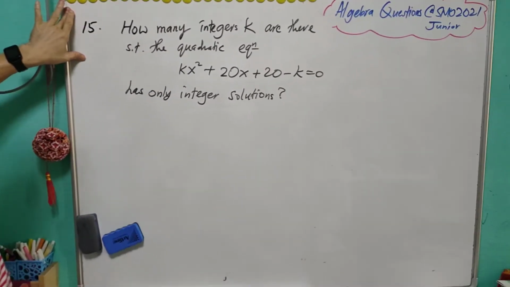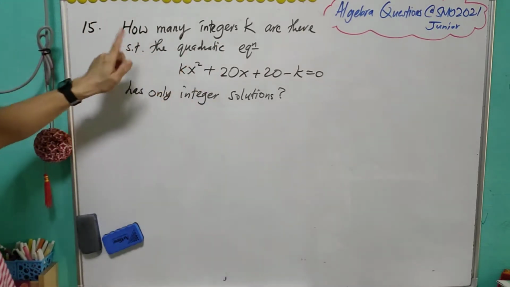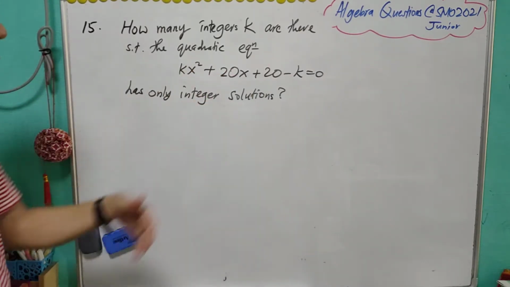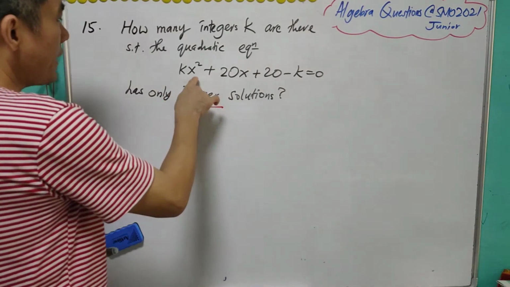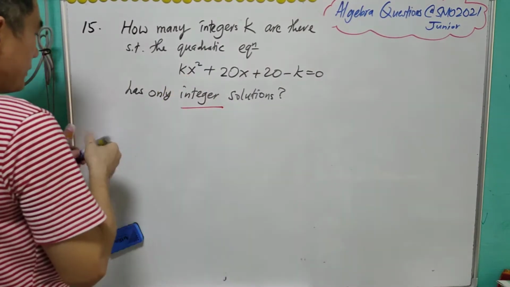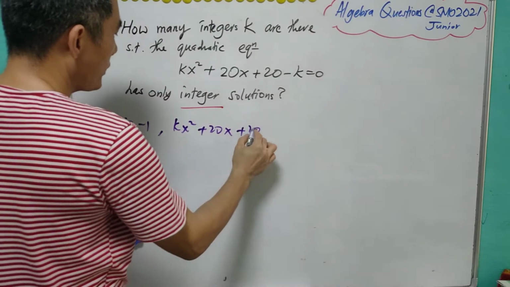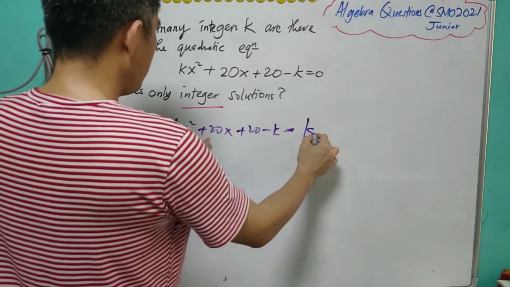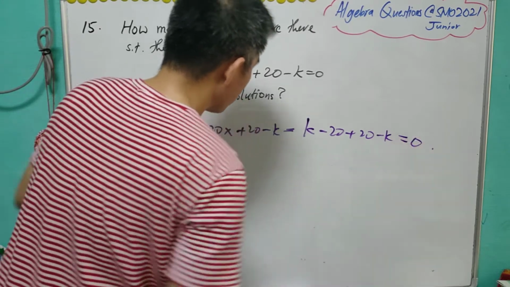For question 15, the question is, how many integer k's are there such that this quadratic equation has only integer solutions? Now, first of all, we recognize that when x equals -1, kx squared plus 20x plus 20 minus k is equal to k minus 20 plus 20 minus k, that is equal to 0.